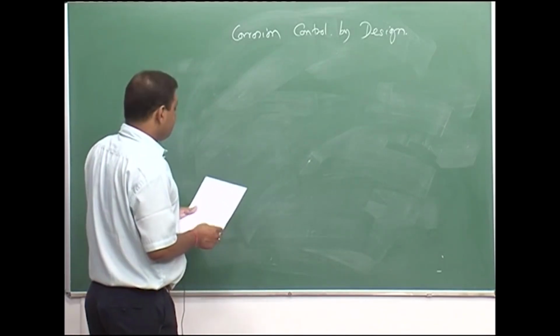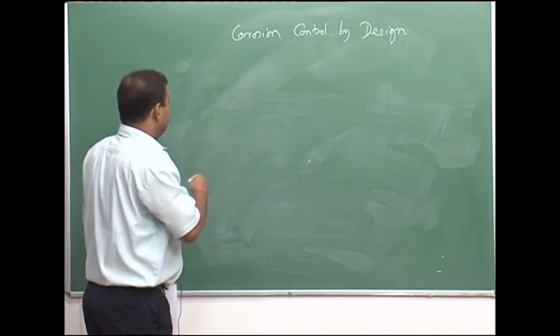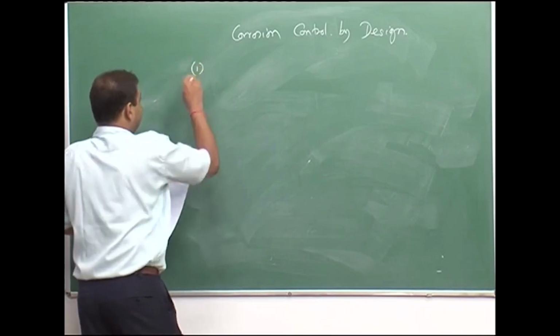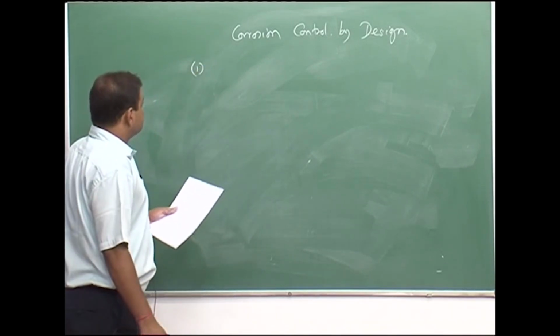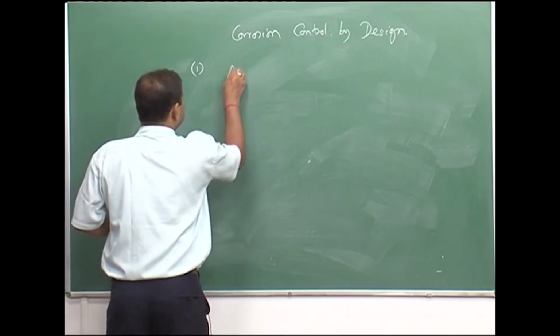And broadly, the design considerations should include 5 different considerations we need to consider. One is appropriate selection.